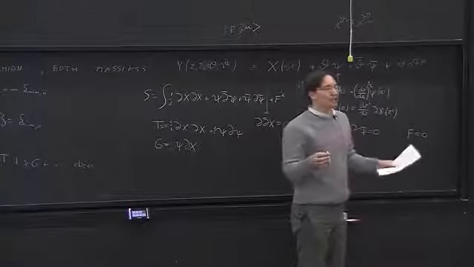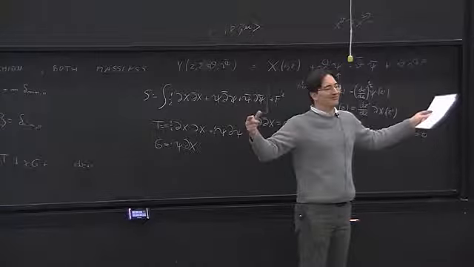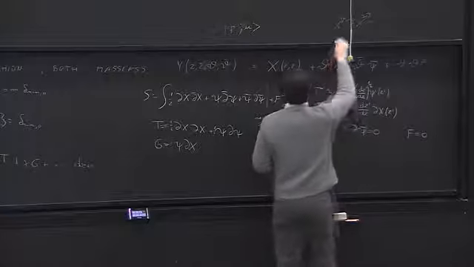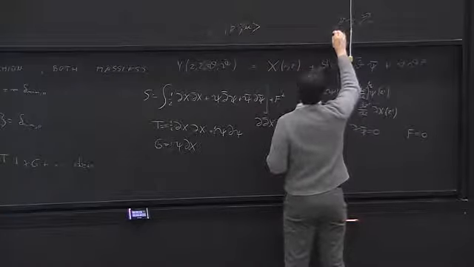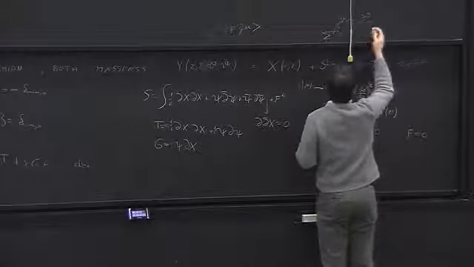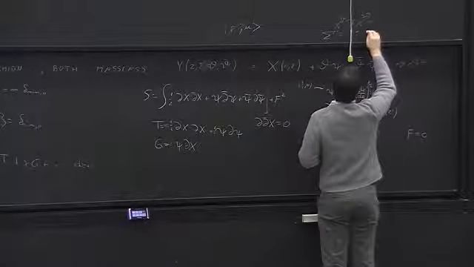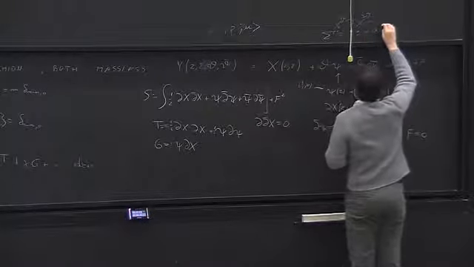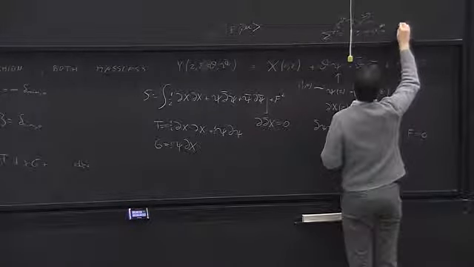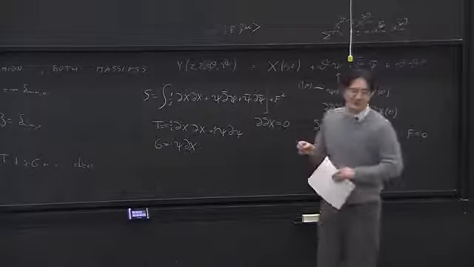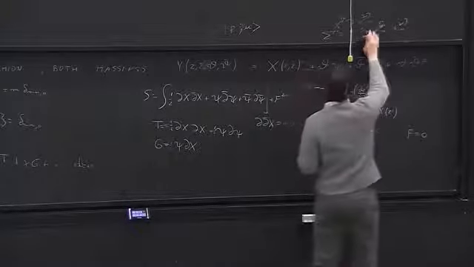You cannot do a modification which depends on where you're living. Because of that, the expression for the actual Lorentz generators is essentially fixed. I don't remember it by heart, but it's something like that.